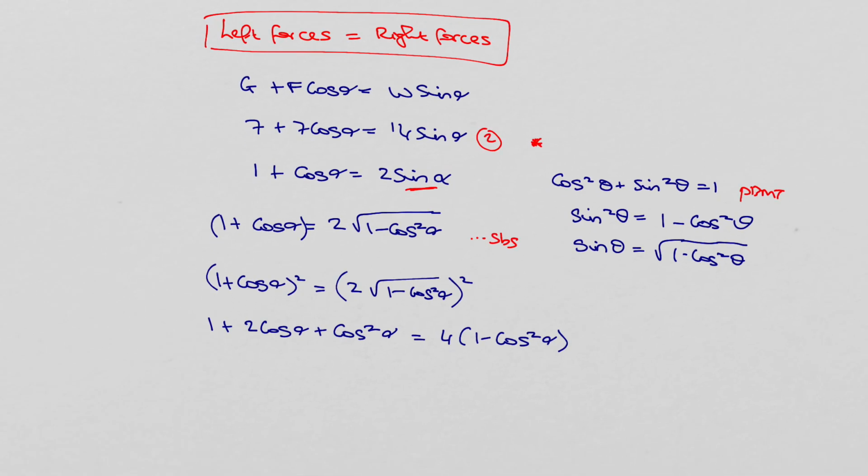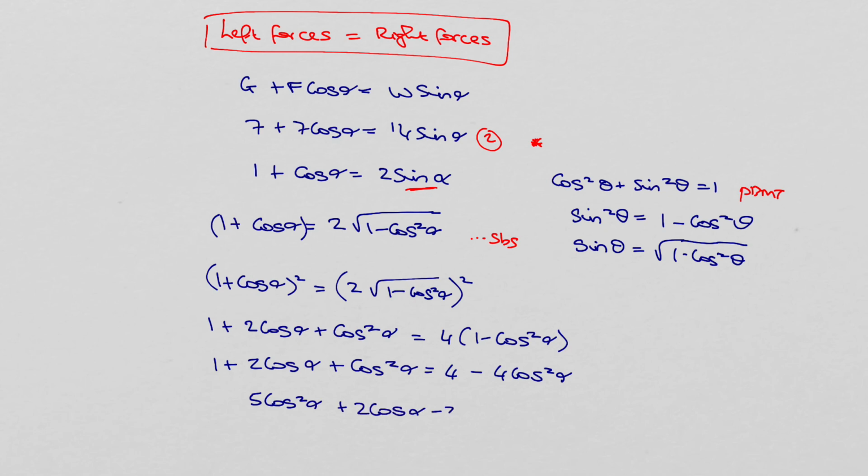Okay, so let's get rid of the brackets here and bring everything to one side. So that gives me 5 cos squared alpha on the left-hand side plus 2 cos alpha minus 3 equals 0.